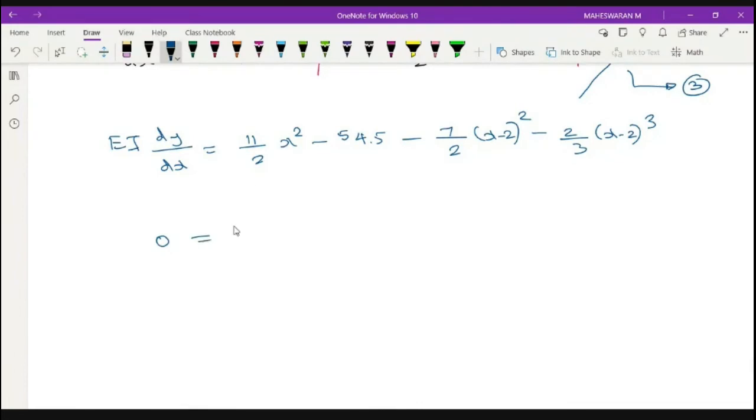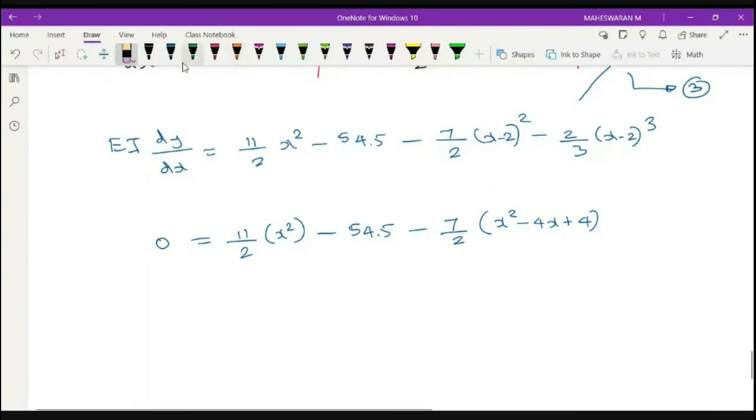So 0 is equal to 11 by 2 x square minus 54.5 minus 7 by 2, expanding this, x square minus 4x plus 4, right? A minus b the whole square. Minus 2 by 3, expand this.